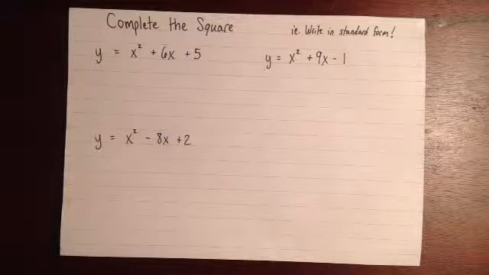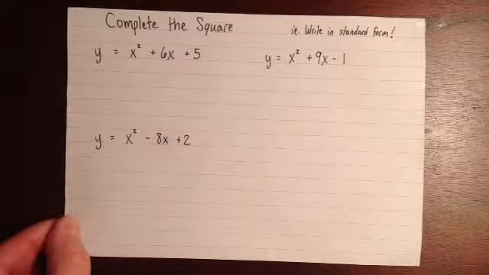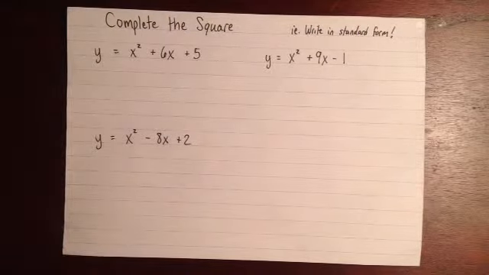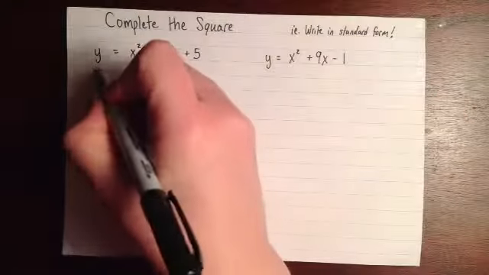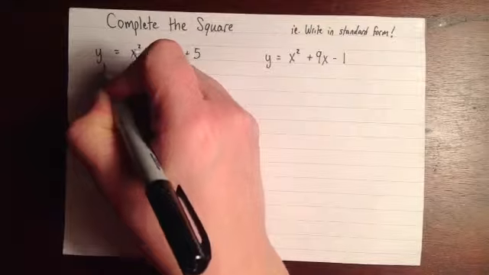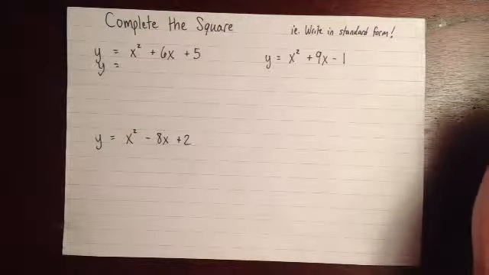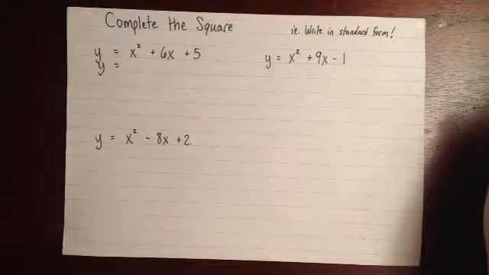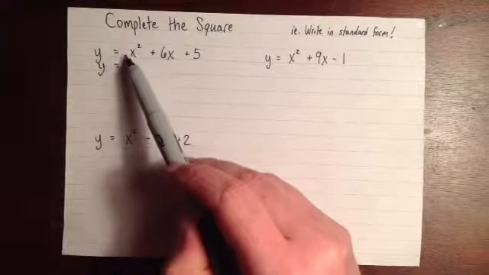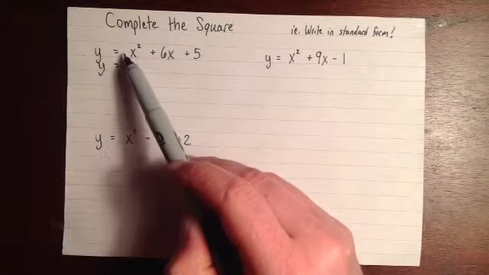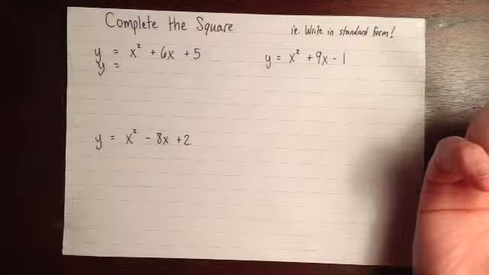Just type this down. Okay. So, y equals. The first step is actually going to feel like you're doing nothing. But I'd like you to do it because once we start working with a values other than 1, so maybe if you had 5x squared here or something like that, the next step is really important.